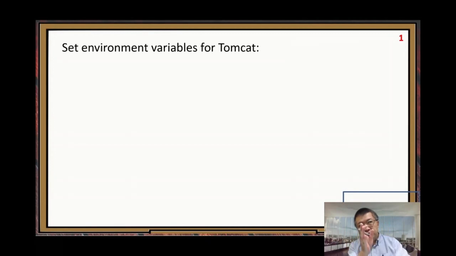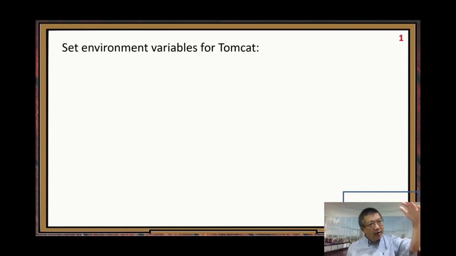The first step in doing preparation is to set environment variables for Tomcat. But when we talk about setting the environment for Tomcat, there are two ways we can do it.